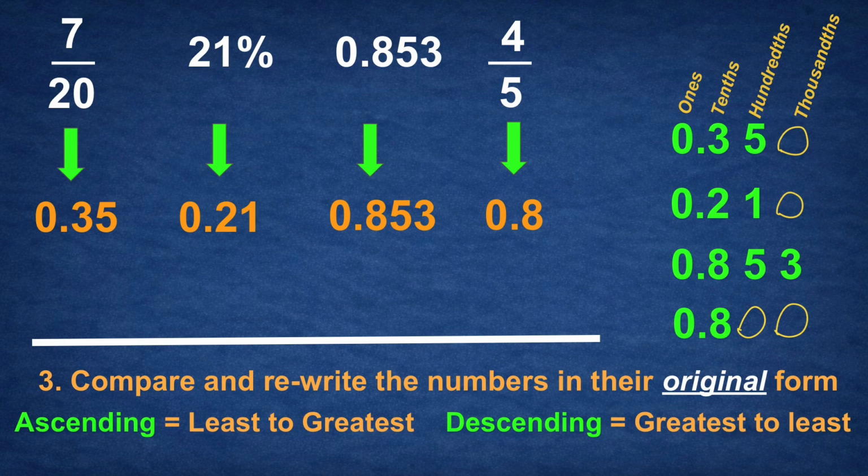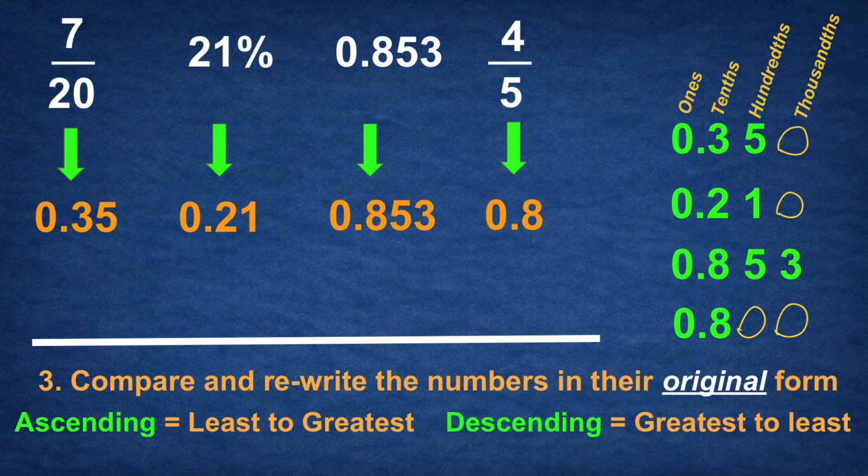Now, usually, when you're asked to order these numbers, they might use vocabulary like ascending and descending. And it's important that you understand what these words mean, because you can get everything right, but if you order them in the wrong direction, you get the entire question wrong. So ascending means least to greatest. Okay, you're going to go smallest to biggest.